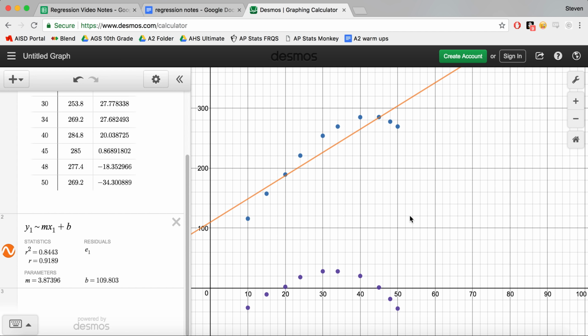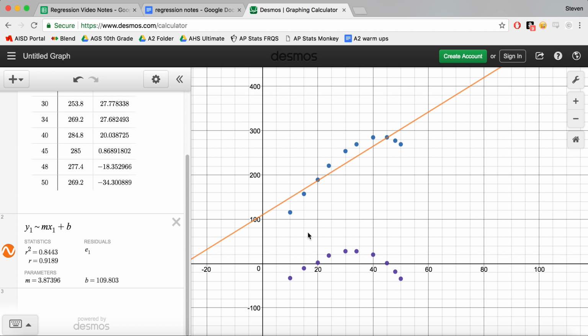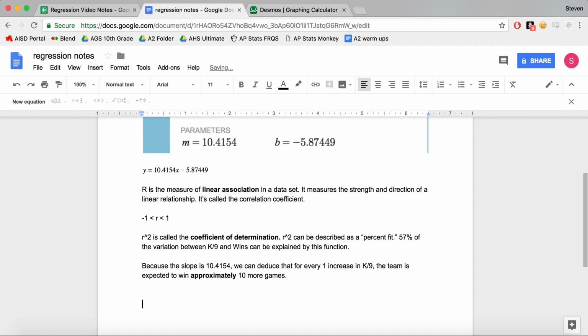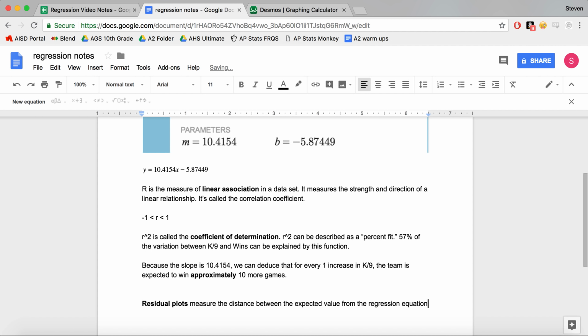So what we use the residual plot for here is we see this clear pattern in the residuals. So we're going to write about residual plots. They measure the distance between the expected value from the regression equation and the actual value.